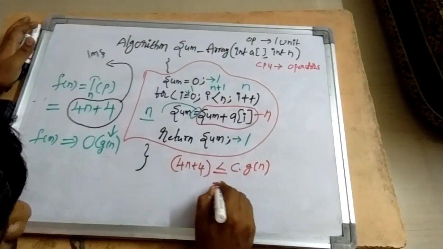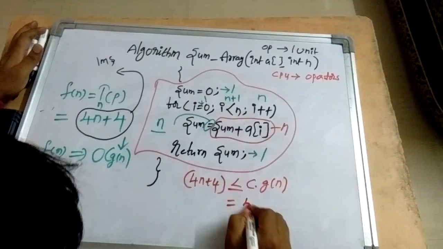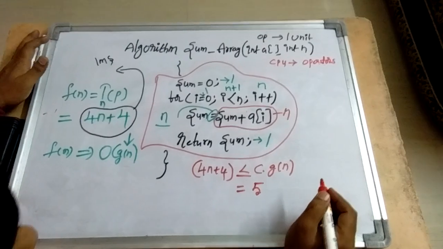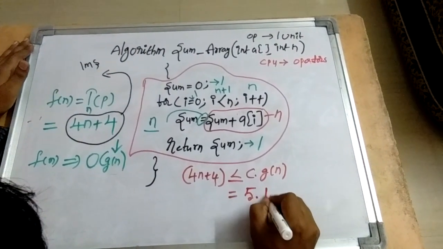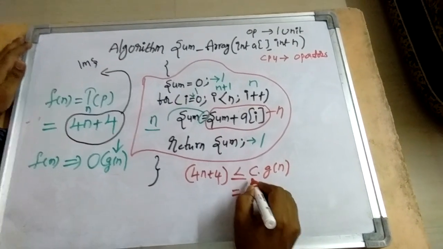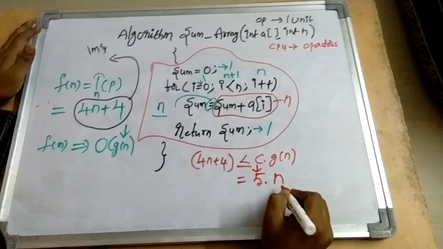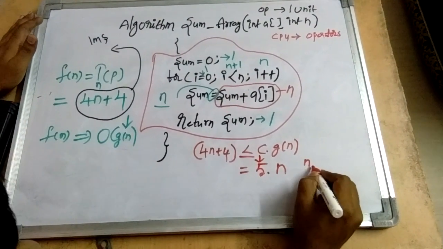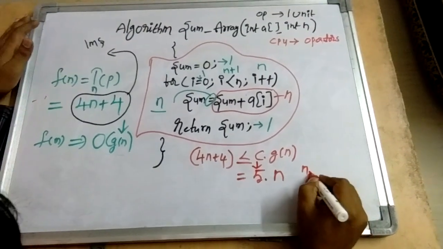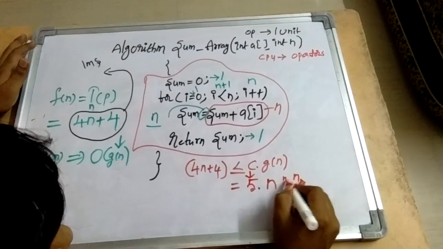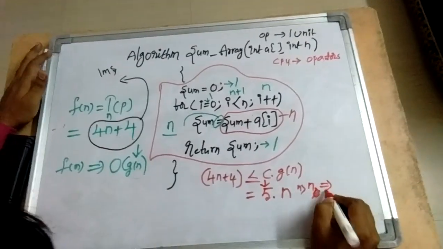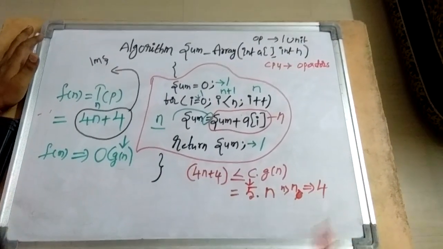In fact, I will be taking the value of c as 5 for this given problem using the trial and error method. Guys, now g of n is n. The constant c is equal to 5 here. g of n is n. Now n naught, where n greater than n naught, I will be considering as 4.